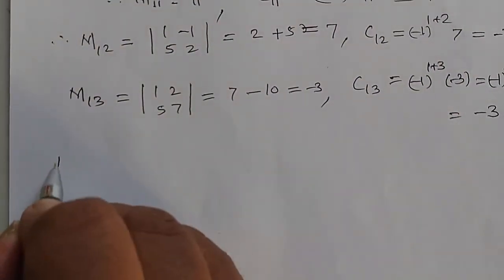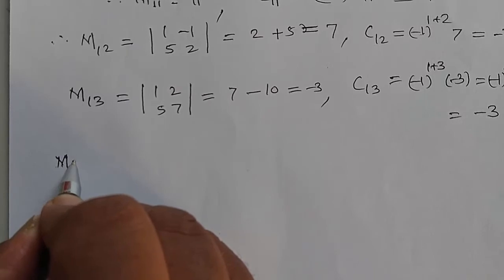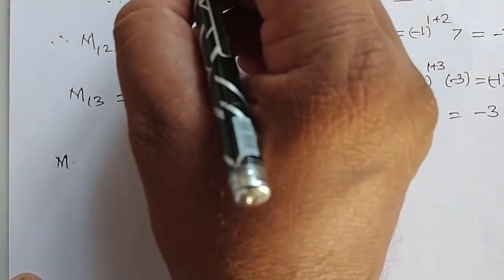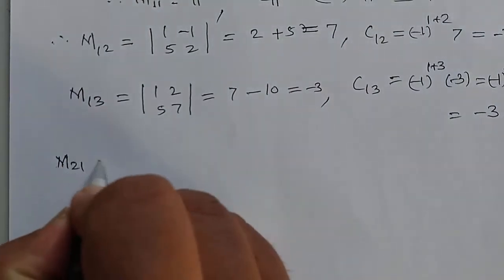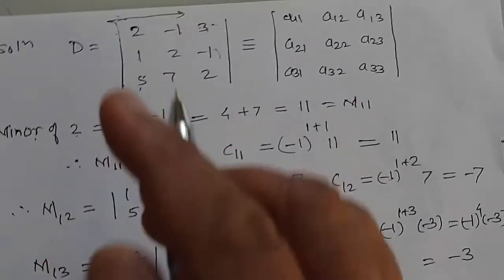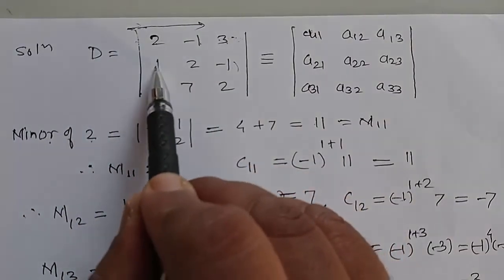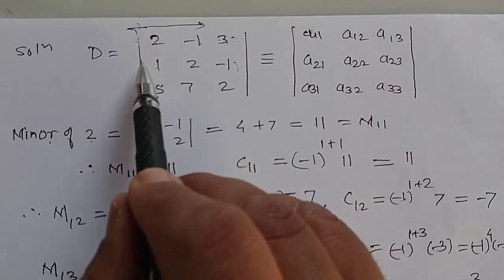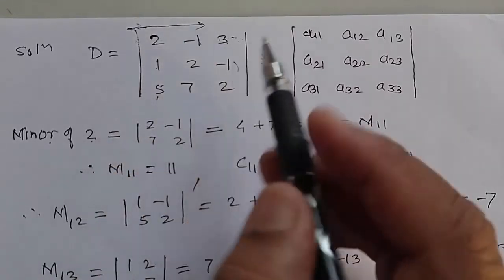Now, next is minor of first element of the second row, 2 1, is equal to, eliminating the row and column in which the element 1 belongs. Here this is the row and first column and second row.